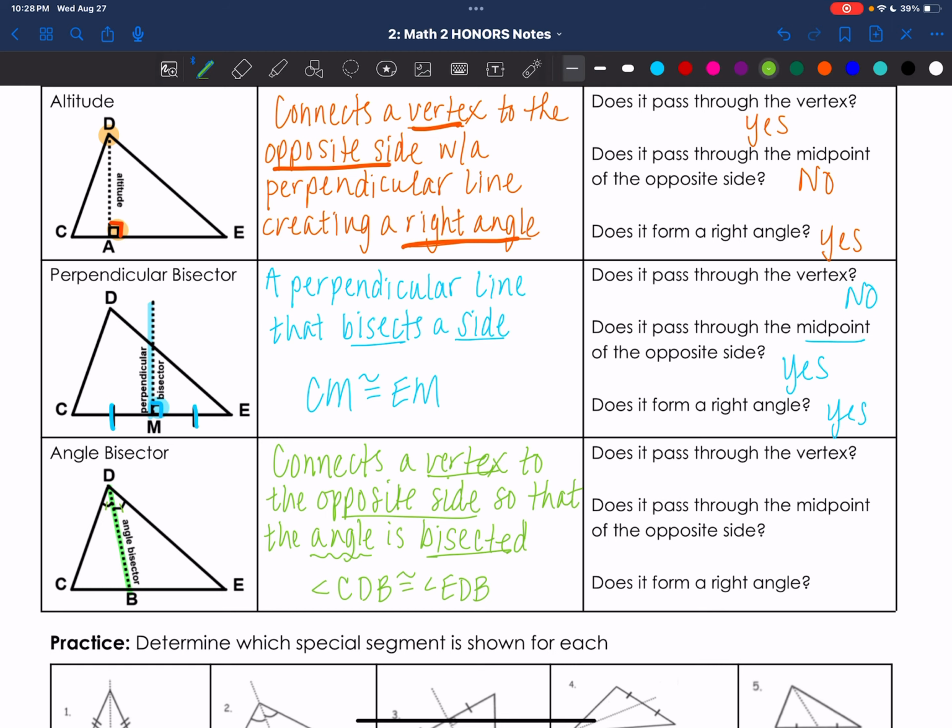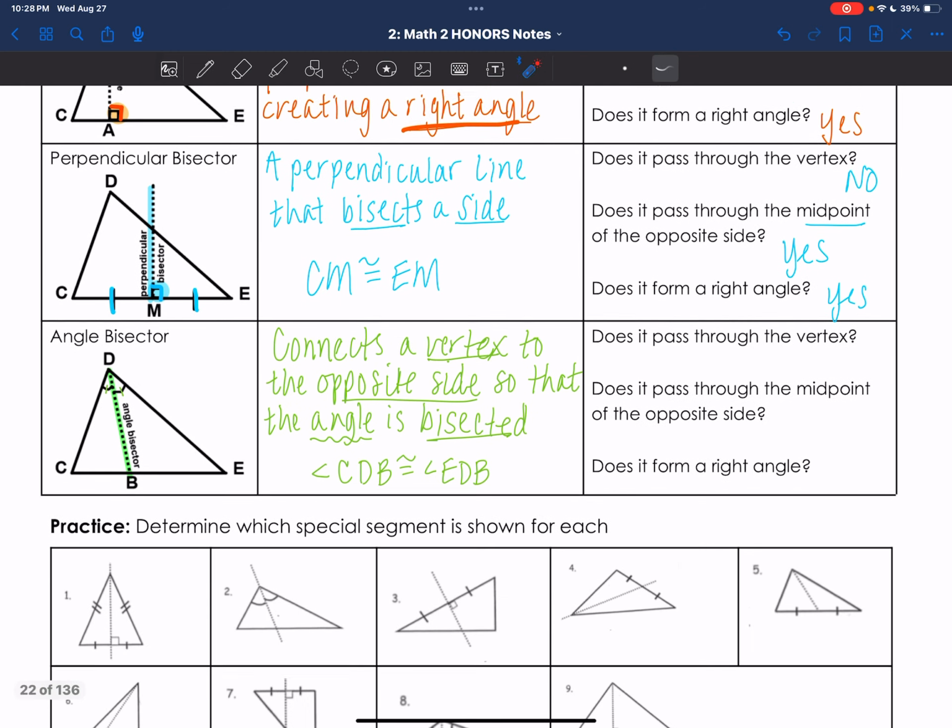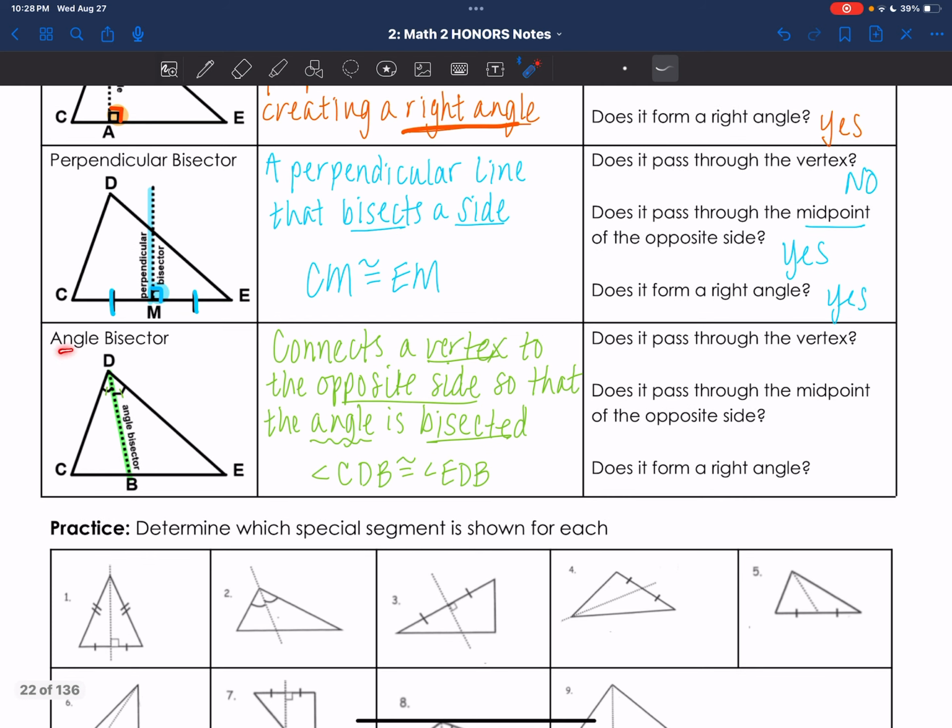All right, and then the last one that we're talking about today is an angle bisector. This time you're taking the whole angle and splitting it into two. So it connects a vertex to the opposite side and it bisects the angle.